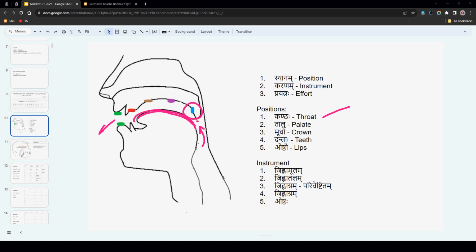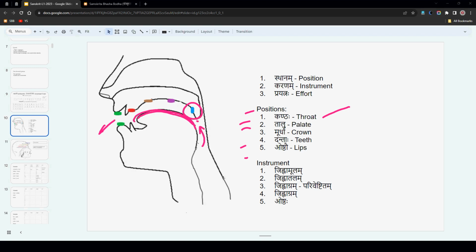And which are those 5 positions? Here 1, 2, 3, 4, 5. Kantha, throat; talu, palate; murdha, crown; danta, teeth; and oshthav, lips. These are 5 positions where the air is blocked.